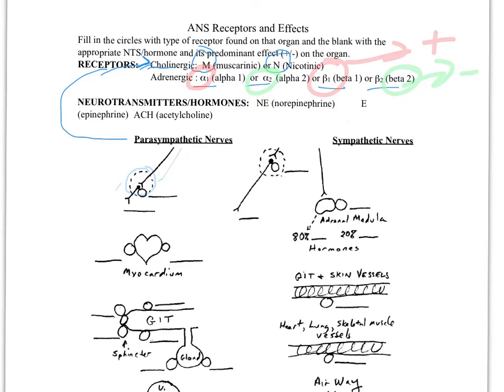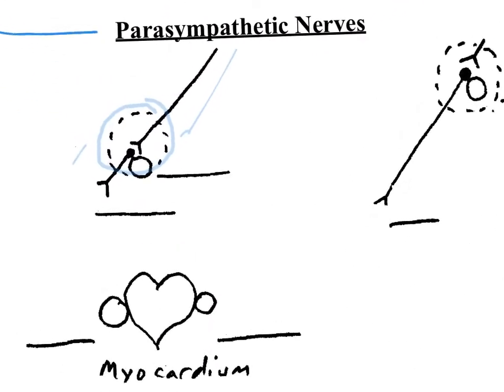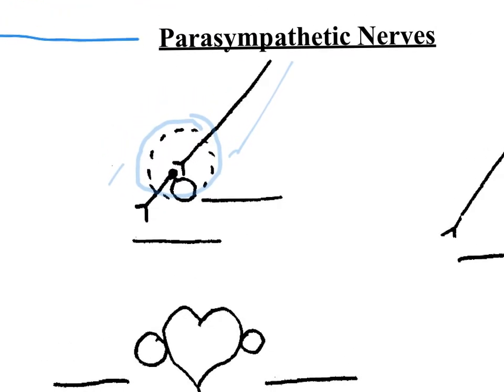That is our ganglion. I'm going to enlarge this here. So this is the parasympathetic nervous system.